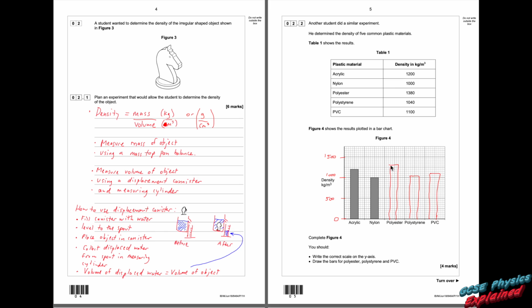So this here should come up a little bit more up to there. Polystyrene is 1040, so that should be just underneath that square. And this one here, the PVC, is 1100. So that's easy, just 2 little squares up above that dark line there.